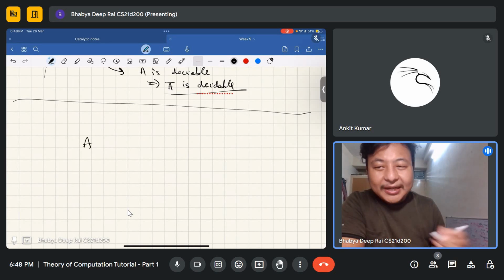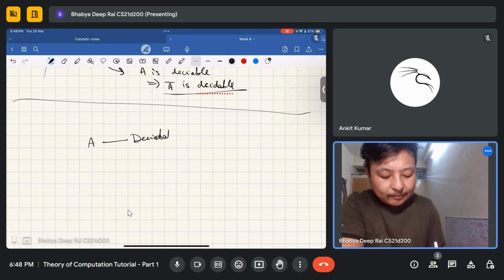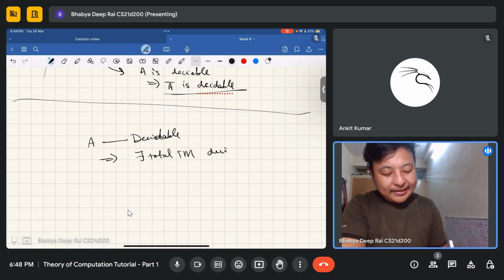Because see, A could be any decidable language. Let's say A is decidable. This would mean that there is a total Turing machine deciding A. Let's call it M. So what will we do?